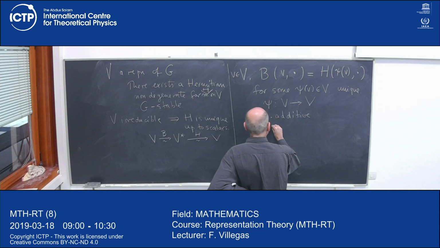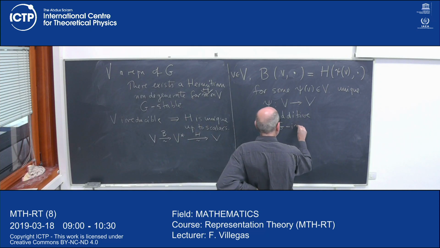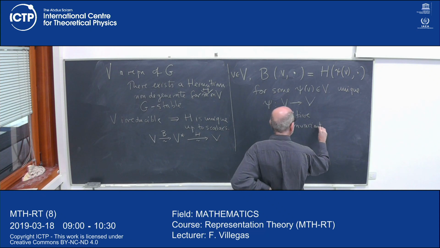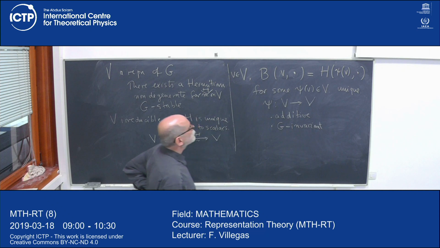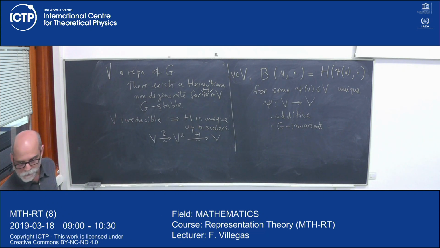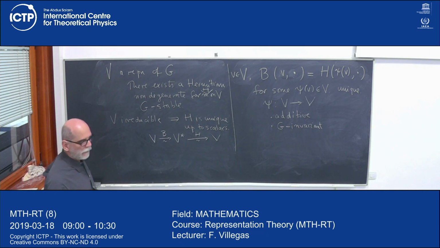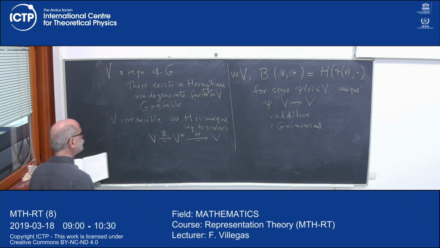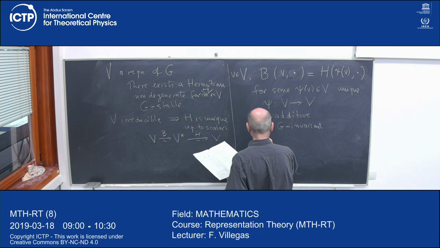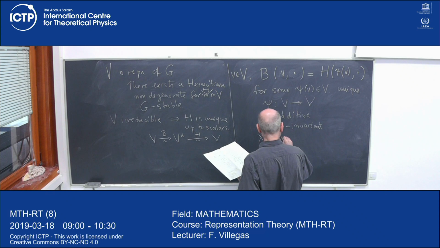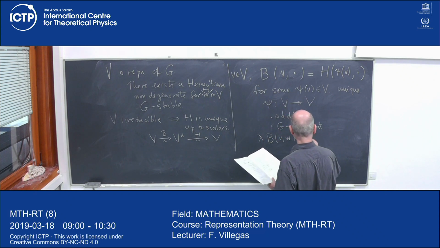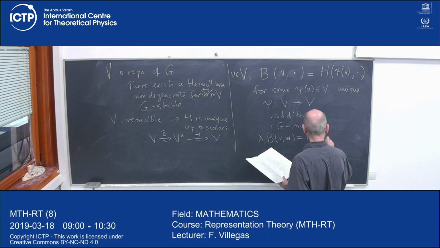It is G invariant, because everything here is G invariant. What is not quite true is that this is linear. In fact, it's antilinear, in the following sense. If we compute lambda times B of v, w, this is B of lambda v, w.